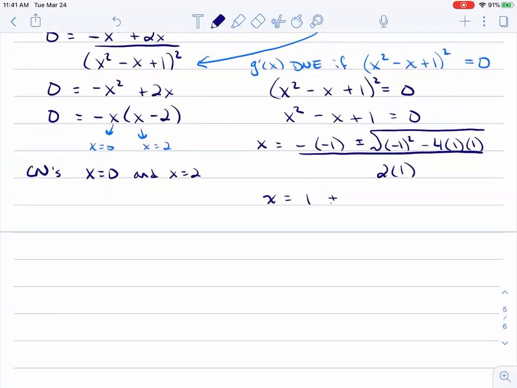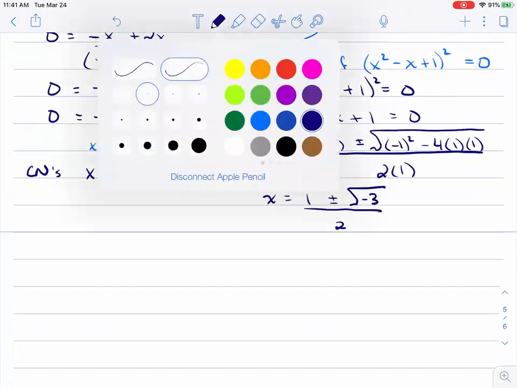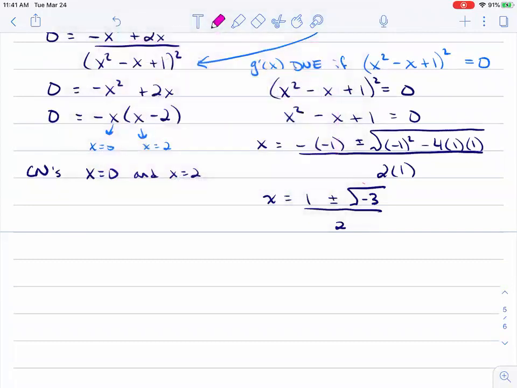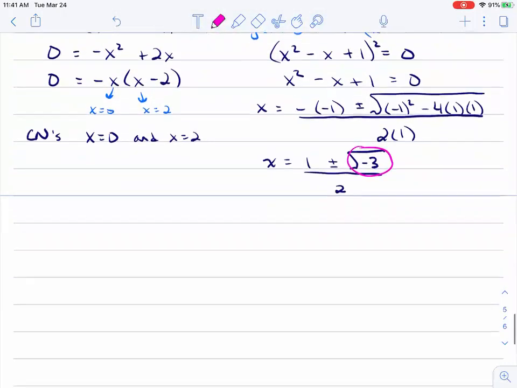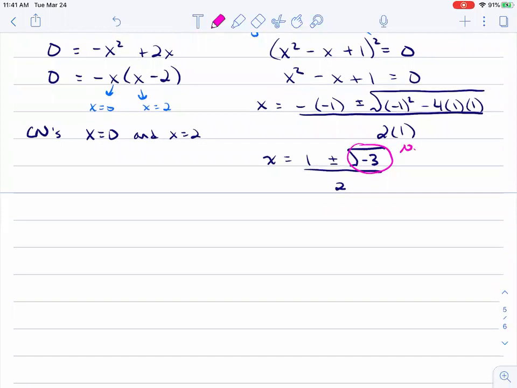So x is 1 plus or minus, and I get 1 minus 4, which is negative 3, over 2 here. I can't take the square root of a negative, right? So no real solutions.